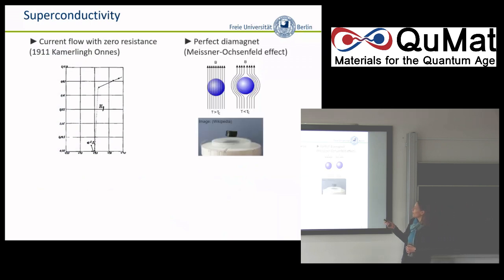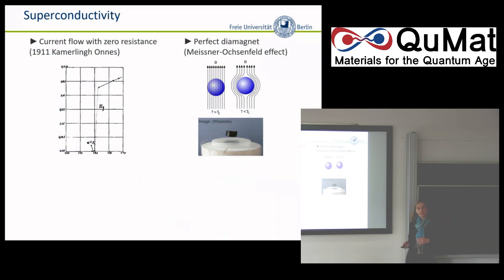The second hallmark of a superconductor is that it's a perfect diamagnet, which means that you will expel all the magnetic field lines out of the superconductor, and that's the reason why a magnet would float on top of a superconductor.